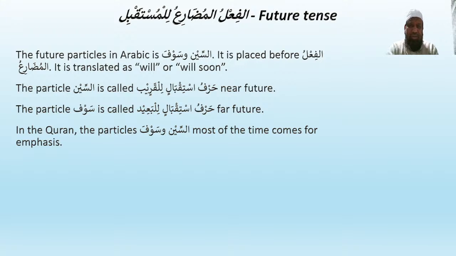So what is this الفعل المضارع للمستقبل? مستقبل means in the future. If you want to make فعل مضارع restrictive to give only مستقبل meaning, this is when these 2 particles come in. The future particles in Arabic are السين وسوف.